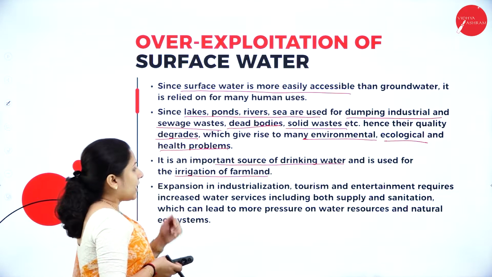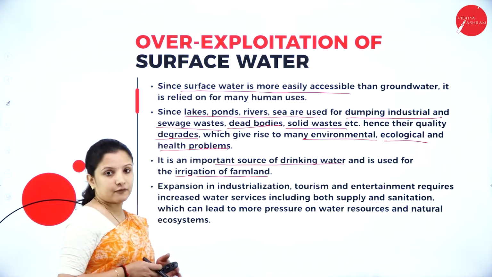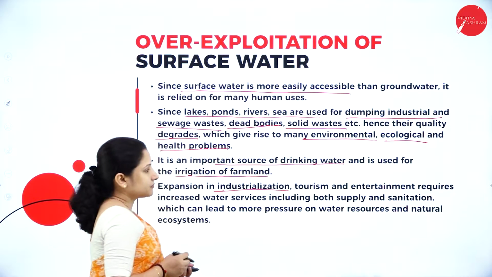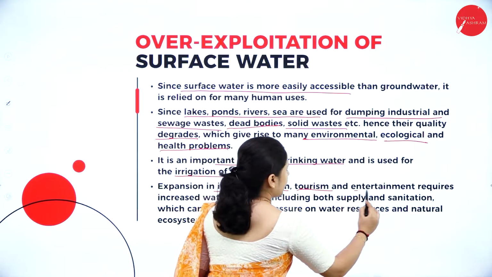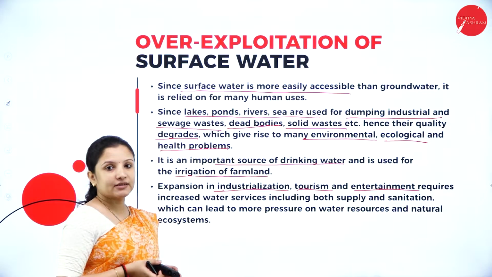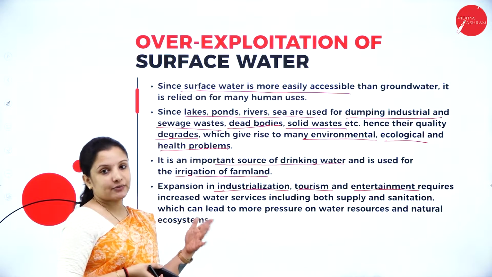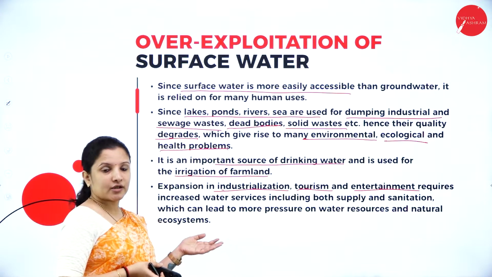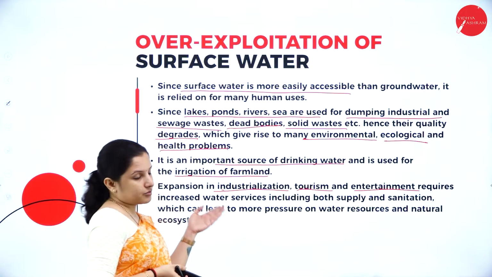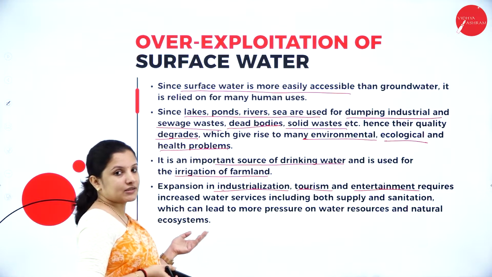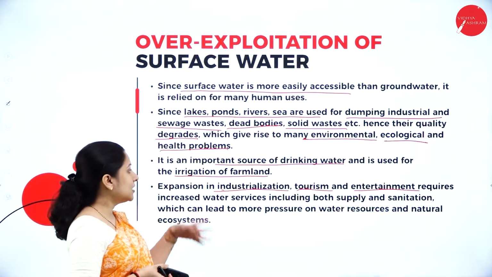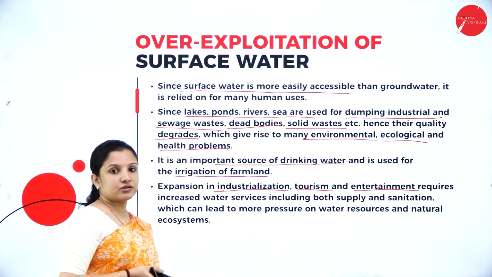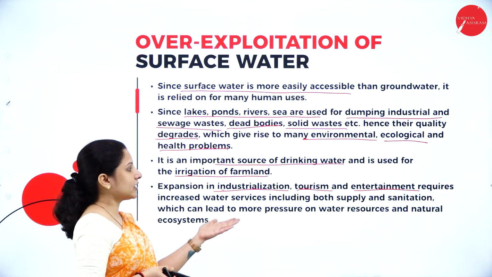Some of the reasons for overexploitation of water are industrialization, tourism and entertainment. All these have led to a decrease in the surface as well as the groundwater, because for all these, can we use marine water, that is the salty water? Not possible. We need to depend on the fresh water itself. As the population increases, the number of industries also increases, and the need for tourism for recreational purposes also increases.